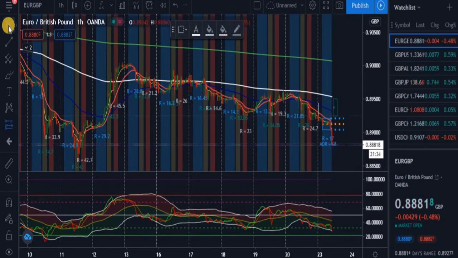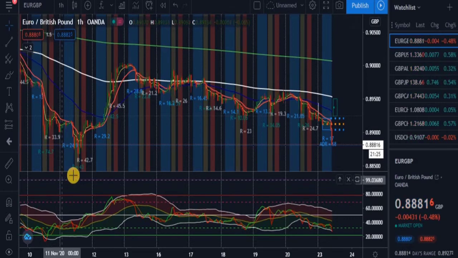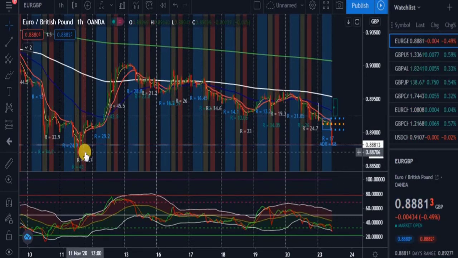Price may decide to come down to this very area here. You could see it's not really far.